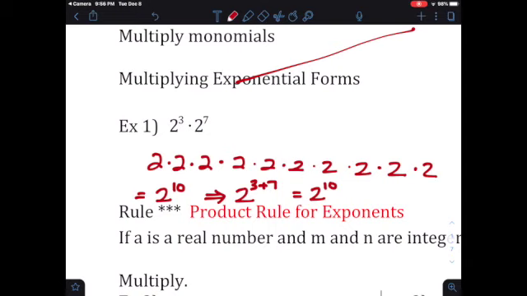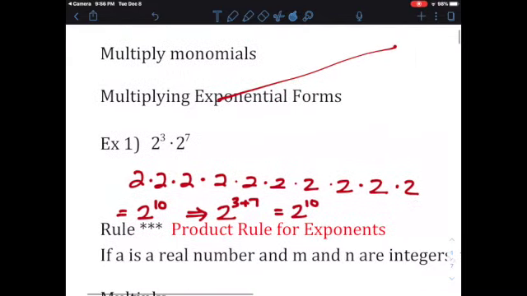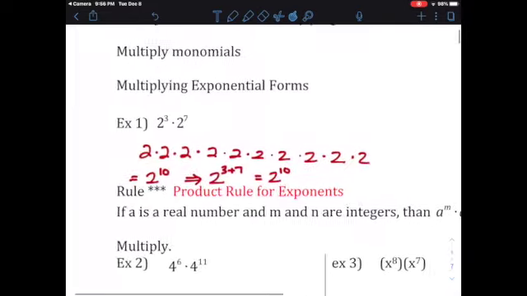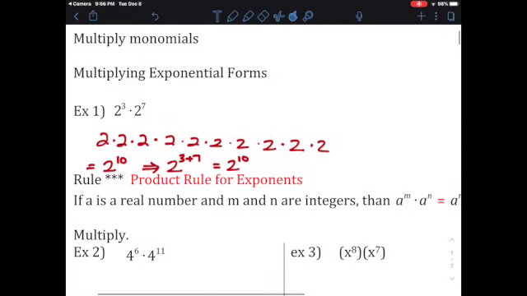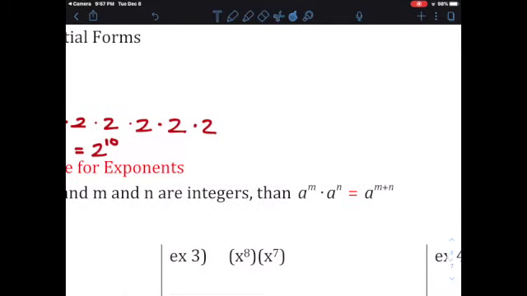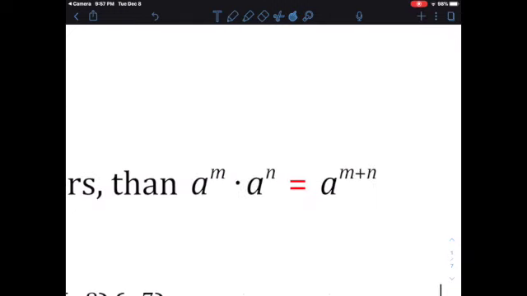Okay, so that is the very first rule, and that's probably the only rule we are going to talk about, but in different forms. The product rule for exponents is: if a is a real number and m and n are integers, that means 1, 2, 3, 4, 5, or negative 1, 2, 3, 4, 5, and 0, then a to the mth power times a to the nth power.